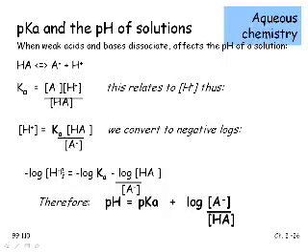So the negative logarithm of the proton concentration will equal the negative logarithm of the Ka minus the logarithm of the concentration. This is a little bit confusing. Minus the logarithm of that ratio. So that the pH of the solution can be predicted by the pKa, the tendency of that compound to dissociate, and the ratio of the weak acid to the base.